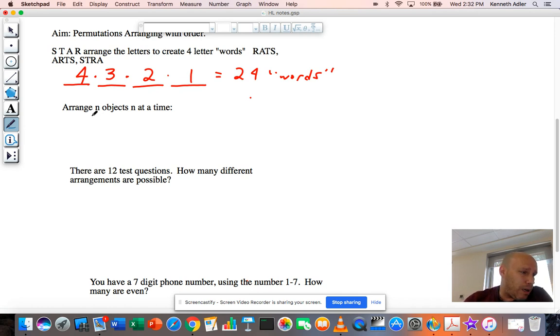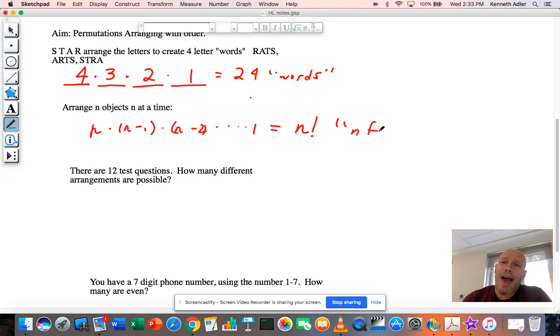What you notice here, let's do a little notation. 1C, we're going to be talking about this. If we arrange n objects n at a time, we have n times n minus 1 times n minus 2 all the way down to 1. We're going to call that n exclamation point, and that is read as n factorial.